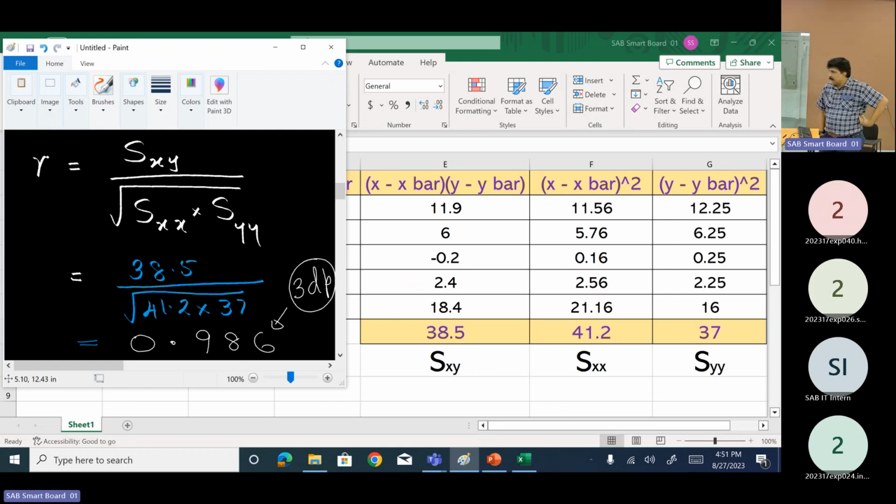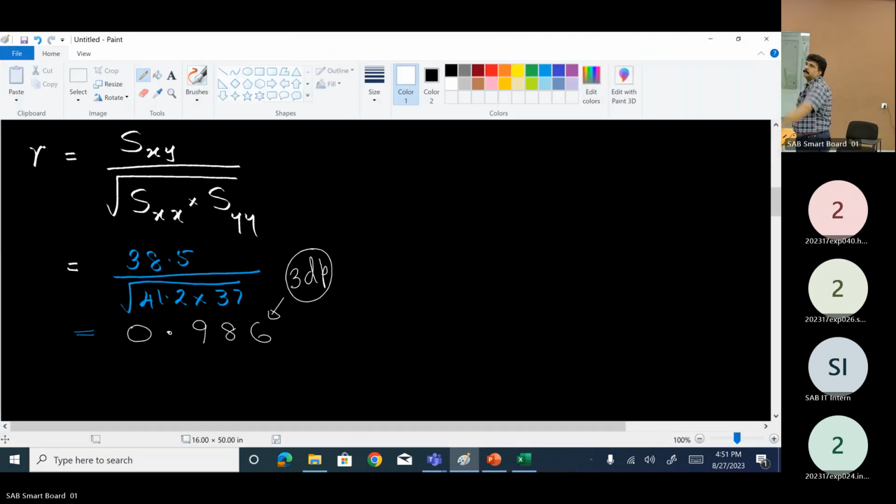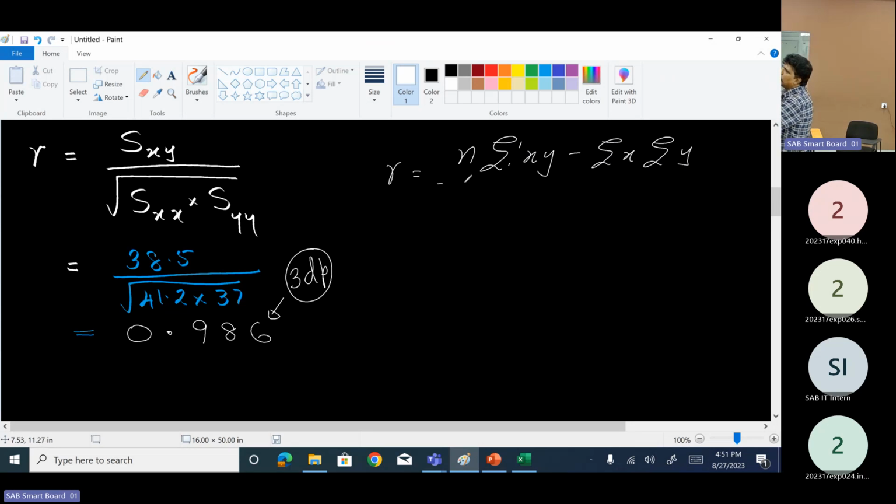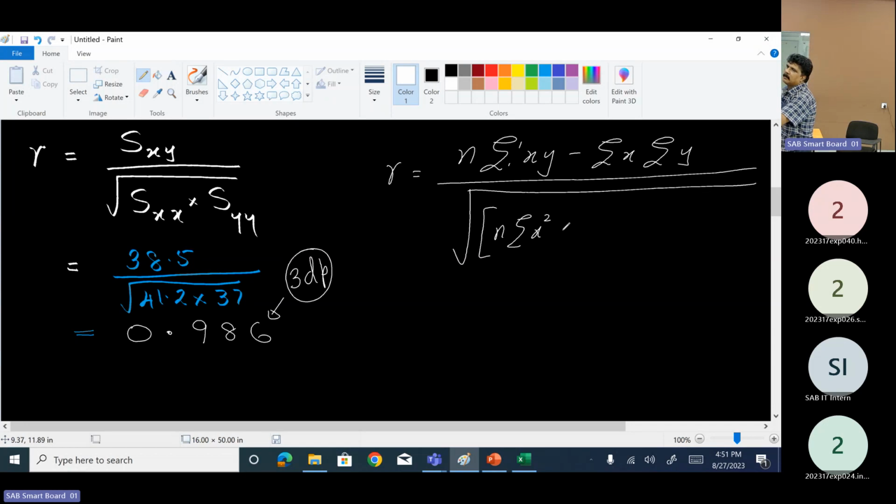So now the second formula is R equals n sigma xy minus sigma x sigma y over square root of 2 pieces: n sigma x squared minus sigma x whole squared, into n sigma y squared minus sigma y whole squared.